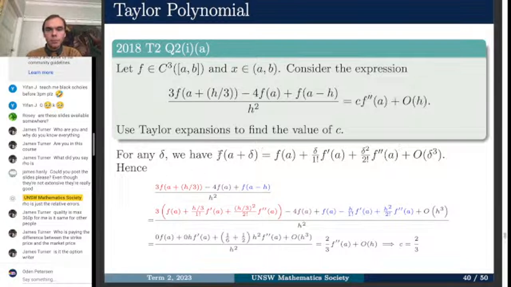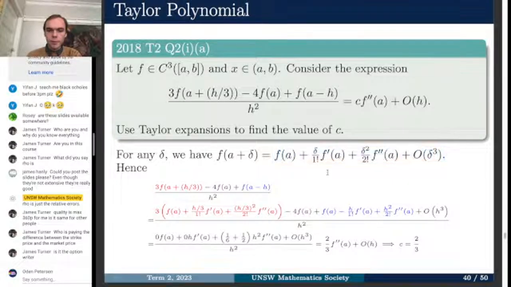And hopefully you remember the formula for the Taylor polynomial by now. If we truncate it at some term, the error term is just going to be whatever the next degree up is. And this big O is just indicating the relative magnitude of the error term in terms of this difference h.